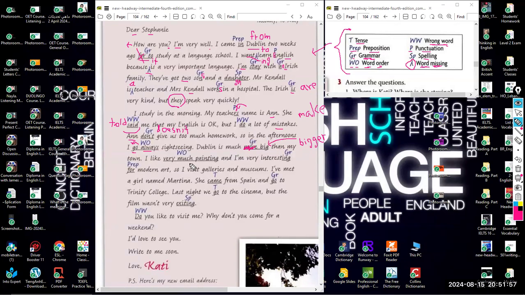I like very much painting. I have to say I like painting very much. Bravo. Painting, word order, very much, mistake. This is an adverb, and I have to use it at the end. So I like painting very much, and I'm very interesting for modern art.